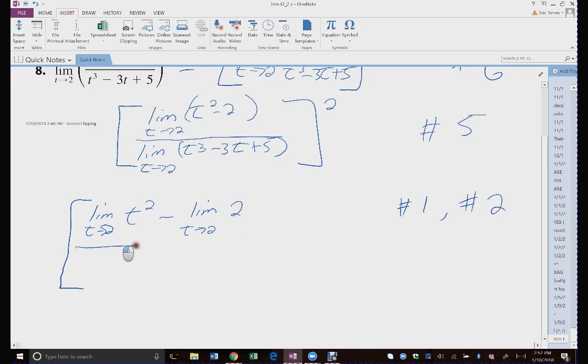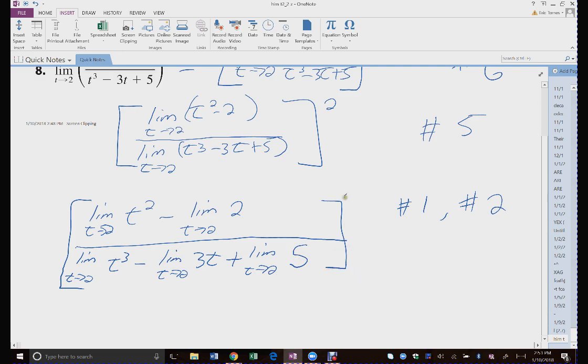And on the bottom, I'm going to do the same logic, splitting my addition and subtraction into the limit as t goes to 2 of t cubed minus the limit as t goes to 2 of 3t plus the limit as t goes to 2 of 5.